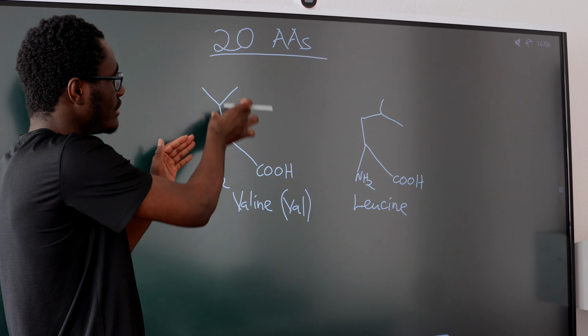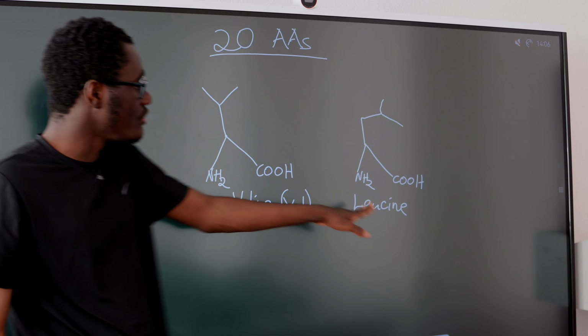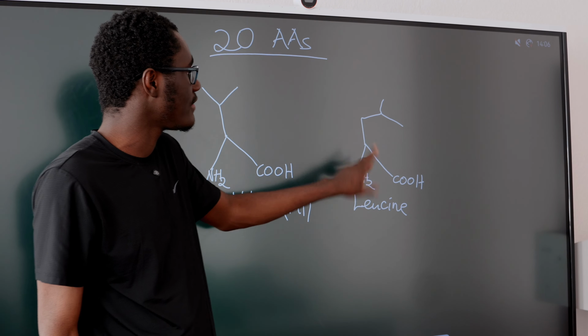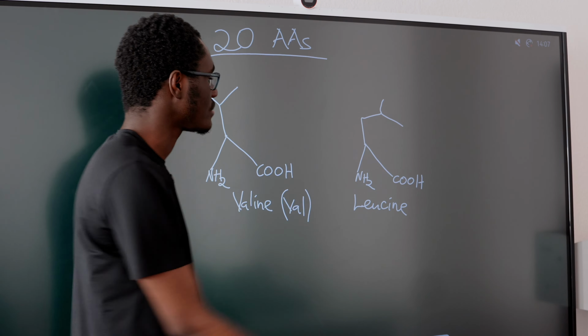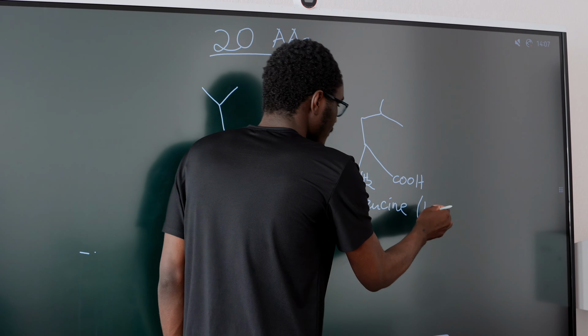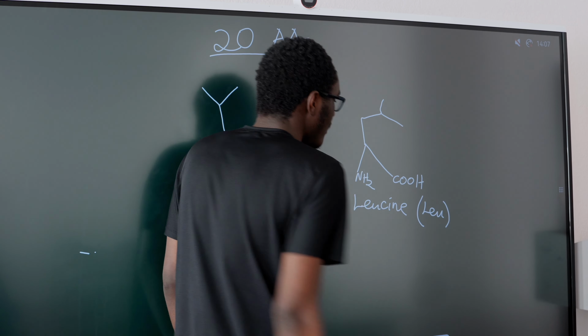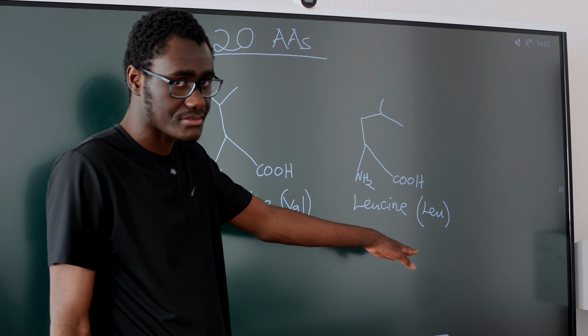You join the two V's directly, but in leucine you have to have a carbon between the two V's. So that's leucine. This is the three-letter abbreviation for leucine.